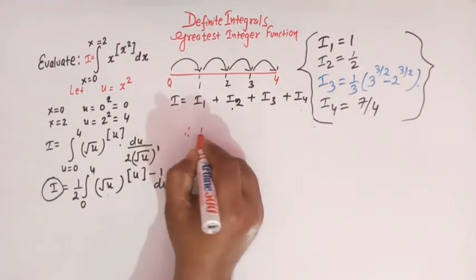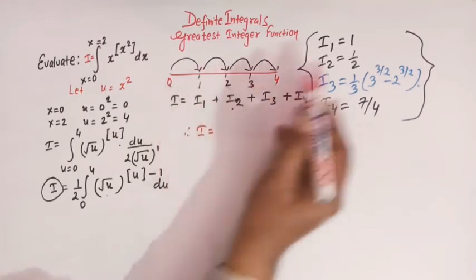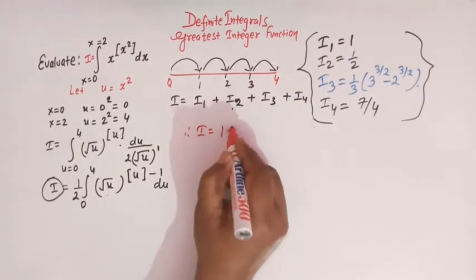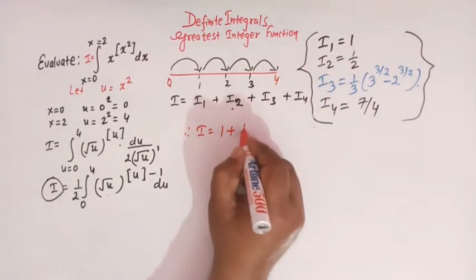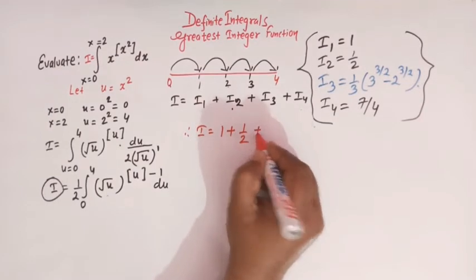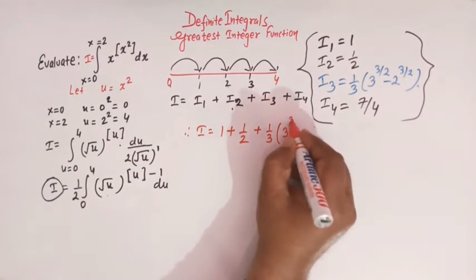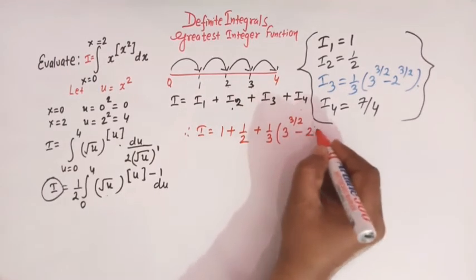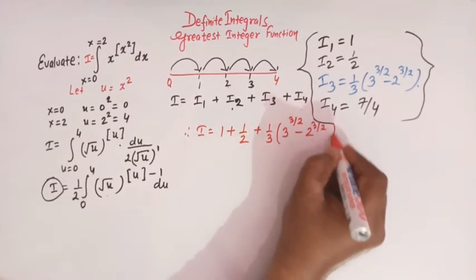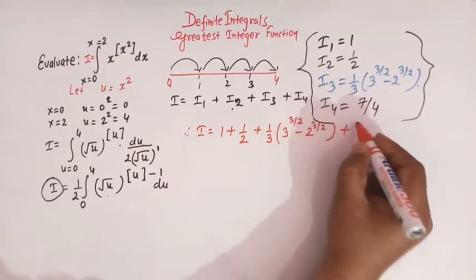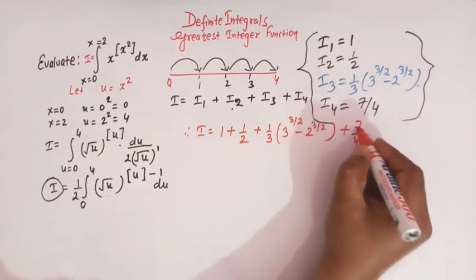So now I can be written as I1 is 1 plus I2 is 1 over 2, I3 is 1 over 3 times (3 raised to 3 by 2 minus 2 raised to 3 by 2), and I4 is 7 over 4, right?